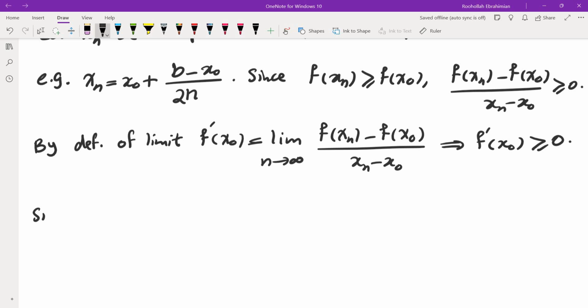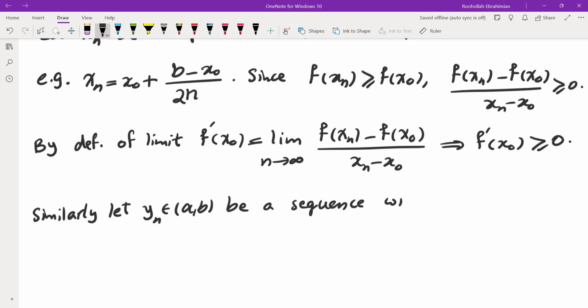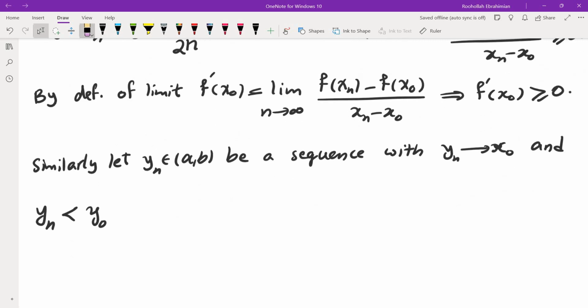Now, similarly, let yn inside (a, b) be a sequence with yn approaching x naught and yn being less than x naught.